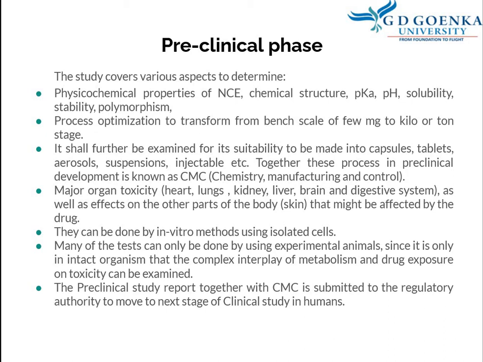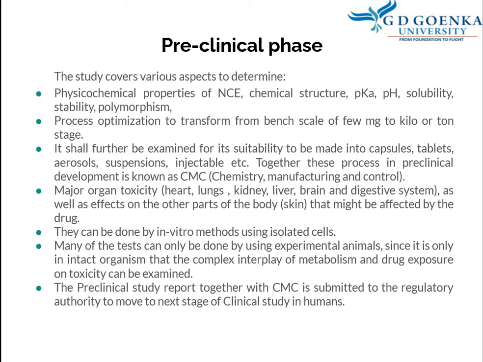There are several in vitro methods for carrying out preclinical studies in isolated cells. Many of these tests can only be done by using experimental animals, since it is only in these intact organisms that the complex interplay of metabolism and drug exposure on toxicity can be examined.